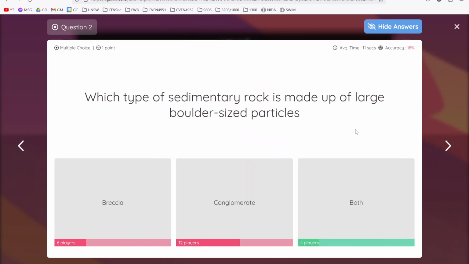So basically conglomerate is boulder sized particles, but so is breccia. So I'll draw that up. Yep, so breccia and conglomerate look like this.